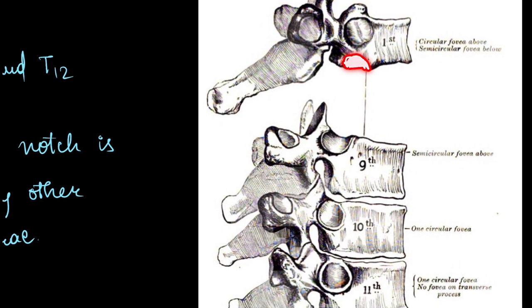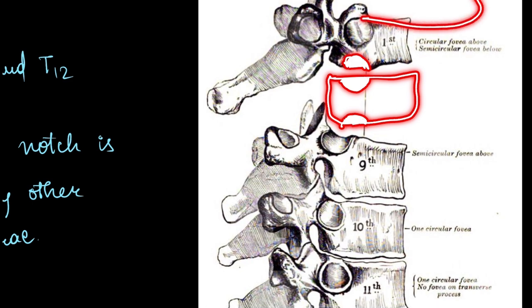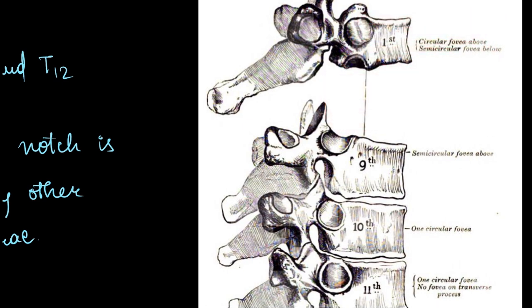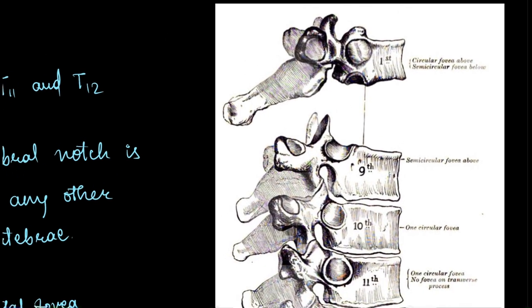What does that mean? The second thoracic vertebra's superior costal fovea is semicircular, and it will also have an inferior costal fovea. So here comes the first rib, its head sits here. The second rib sits here. Understood? This is the first rib.